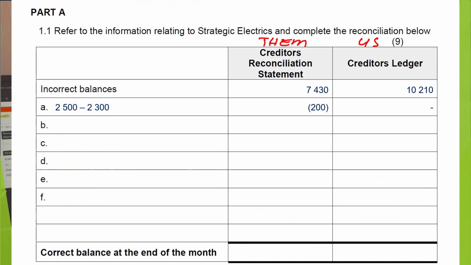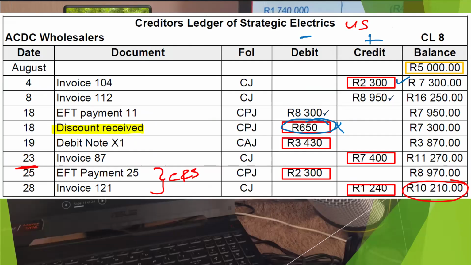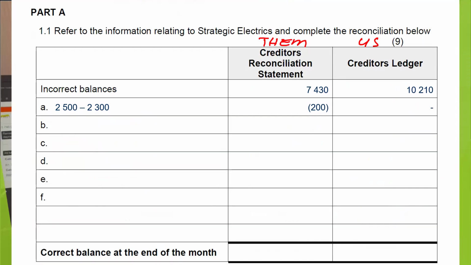It was initially subtracted, as you can tell from what I showed you earlier on, it is on the debit side, the minus side. Because it's on the minus side, to correct that mistake that we made, we need to add it back. So it is not them that made a mistake. That is why for them I will put a dash, but for us, I have to add back that 650.